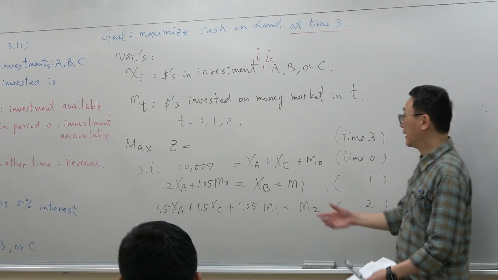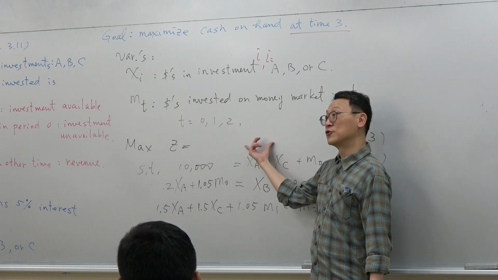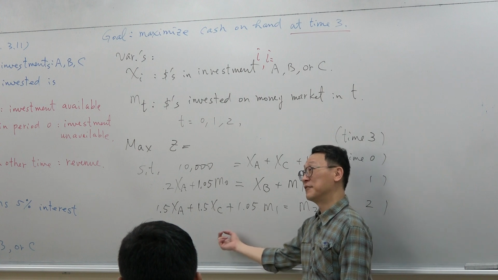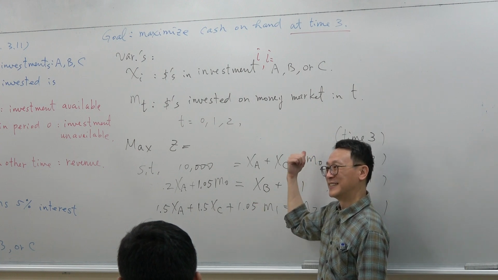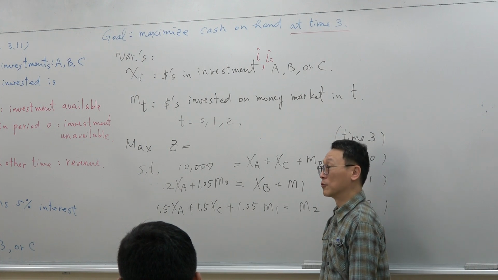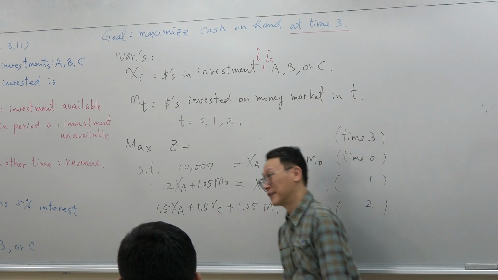So actually, the objective function is the left-hand side of time 3, because at that time we don't have any investment. We only have the money we have.